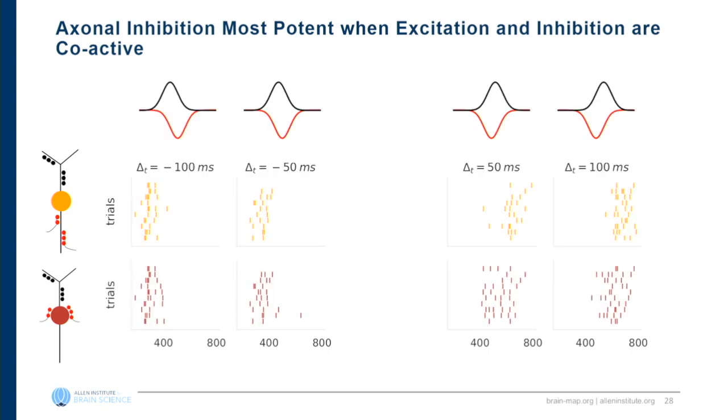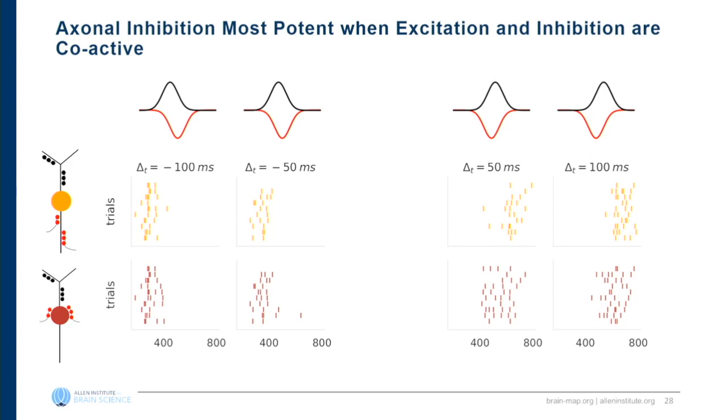And here I'm showing on top the excitation and inhibition, excitation in black and inhibition in red. And here in the 2 rows, I'm showing the raster plot for the pyramidal cell. On top is the axonal, and bottom is the somatic.